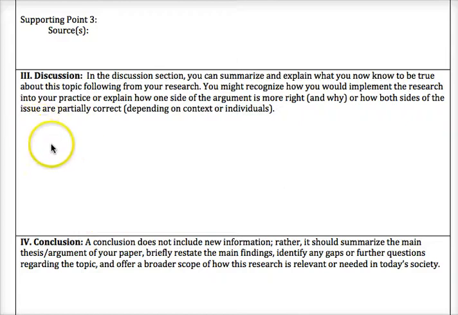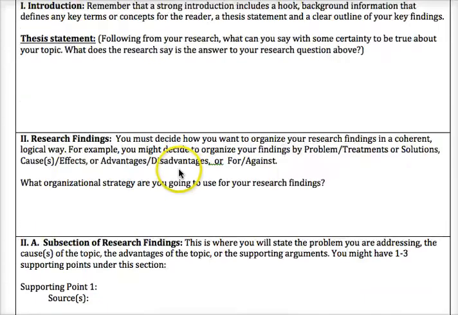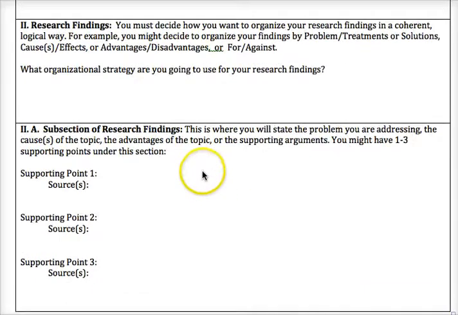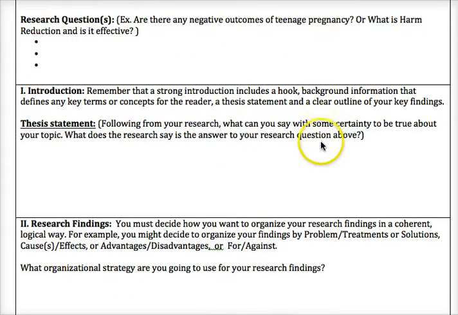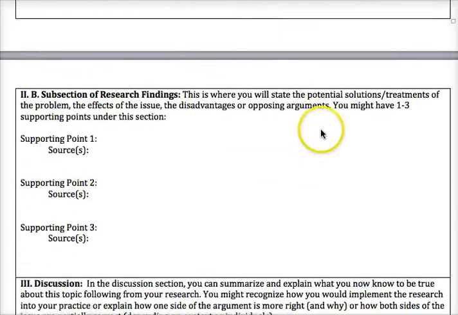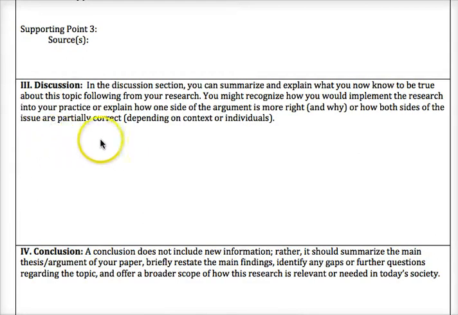you might come up with the discussion topic. If you go back, you're answering your questions now. So the negative outcomes of teenage pregnancy. Here you might say, this is your final discussion about that topic. So what did you learn about that?